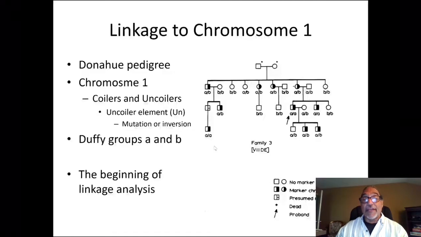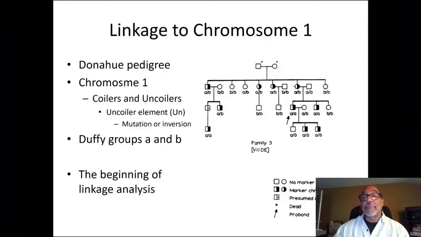And so he put together a pedigree, and he called the heteromorphism coilers and uncoilers, assuming that the DNA is less dense in that lightly stained area, and thought, well, this uncoiler element could be the basis of a mutation in the DNA, or perhaps an inversion. That is, the DNA flipped over during meiosis, and so as a result was a different shape than all of the other X chromosomes. And this was really the beginning of linkage analysis.